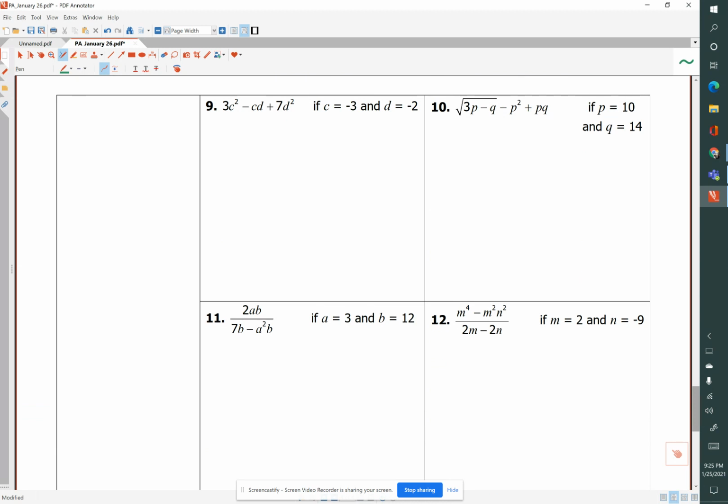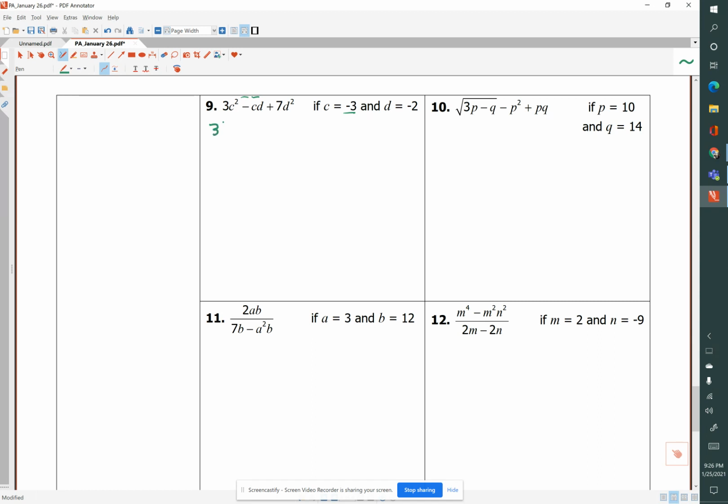Okay, so number 9, we have two substitutions, 3c to the second power minus d times c, where c equals negative 3 and d equals negative 2, plus 7 times d to the second power. So we're going to subtract a negative here. We have to be mindful of that. So this problem is all about very careful substitution.